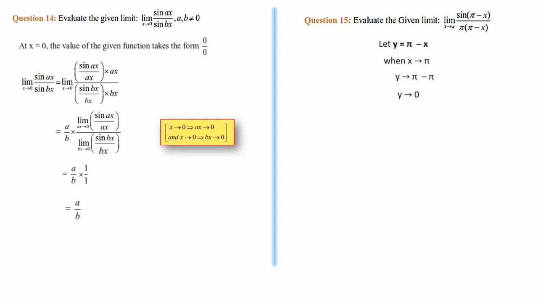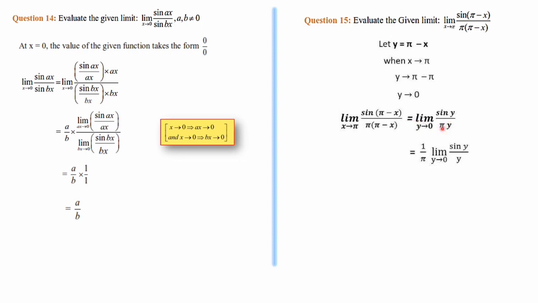So here we are changing to y, so this limit also we have to change. So limit x tends to pi, sine pi minus x by pi into pi minus x is equal to, we are changing the limit, y tends to 0. This will be coming as sine y divided by pi into y, because pi minus x we have substituted as y. In the denominator there is a pi already, so pi into y will be coming. Then take this pi outside, because pi is a constant.